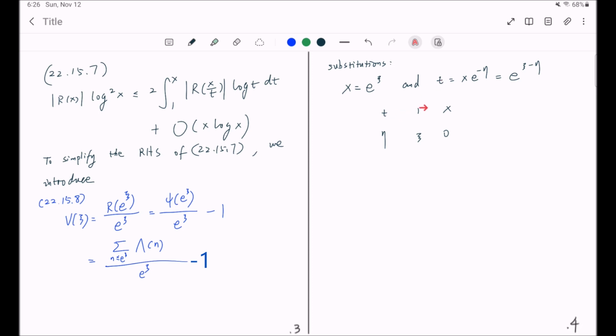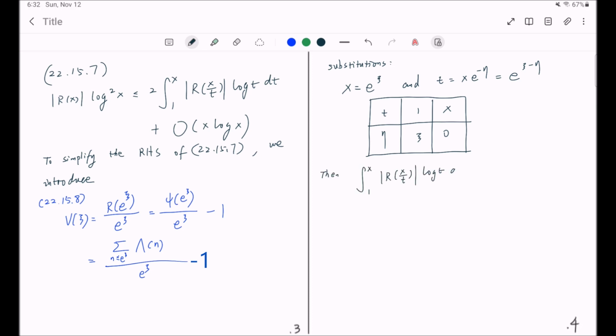Because when t is equal to 1, that happens when eta is equal to psi. When t is equal to x, that happens when eta is equal to 0. Now with these substitutions, the integral will become, so the limits will be from psi to 0.